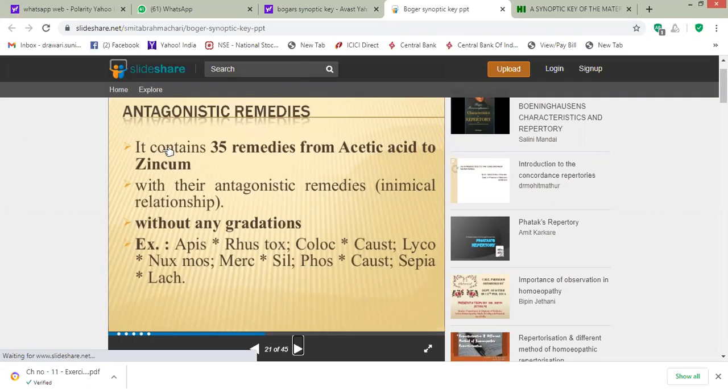This is the difference between antagonistic and antidotal. Antagonistic remedies only block the action of the previous remedy, and the antidotal remedy counteracts the effect of the homeopathic remedy. Is it clear? Now, what is an antagonistic remedy? Priyanka, are you there?